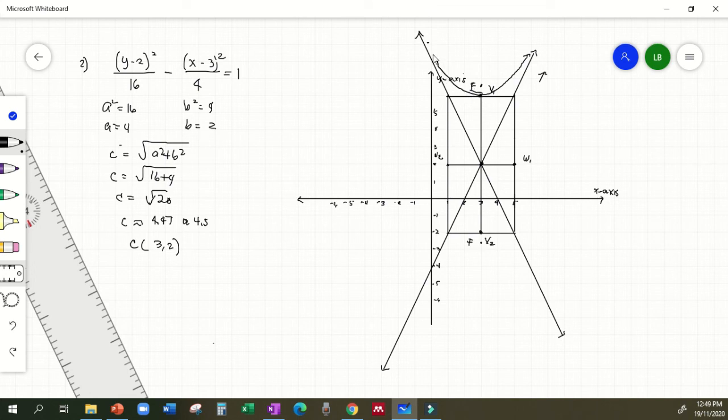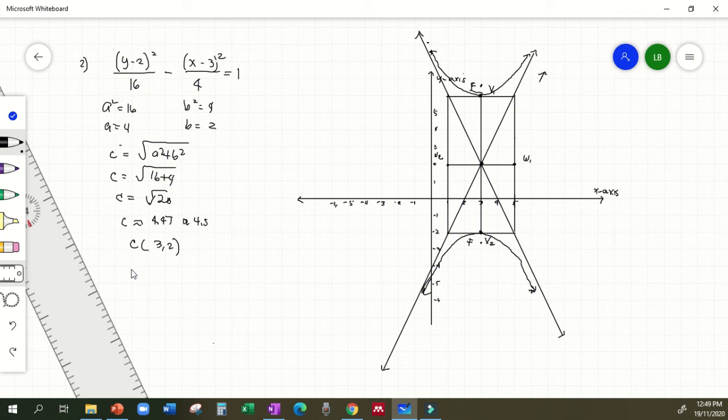So, from the vertex, yan. So, the center is 3, 2.